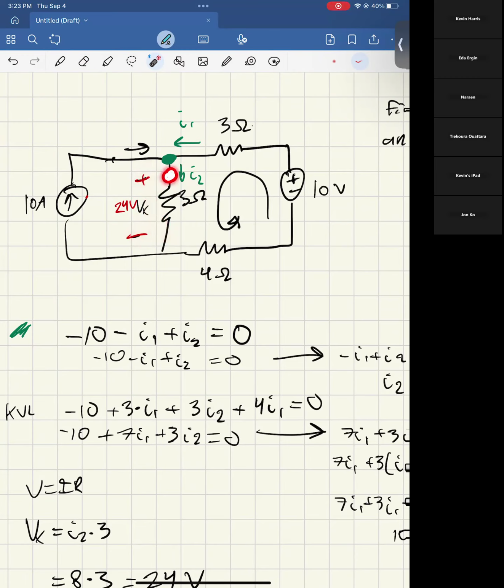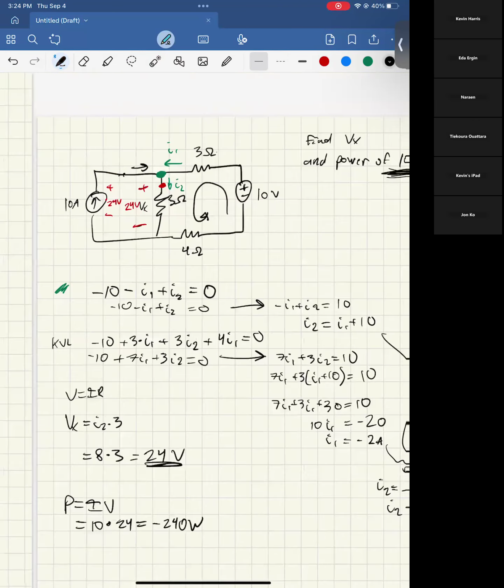Since this point is connected by a wire to the same point here, you can see that. So if we have a 24-volt drop between here and here, then we also have a 24-volt drop on our current source. And it has the same sign here, so we have plus minus 24 volts.